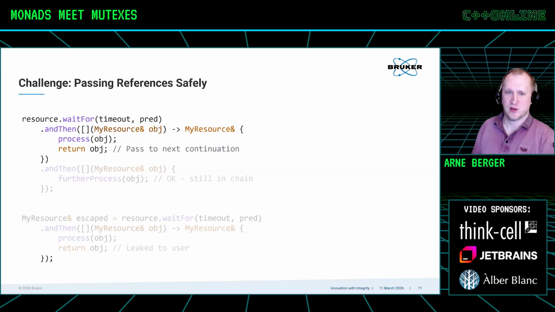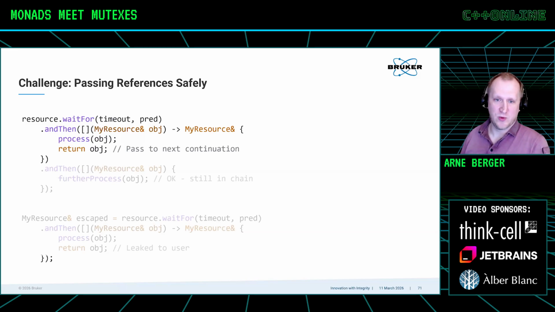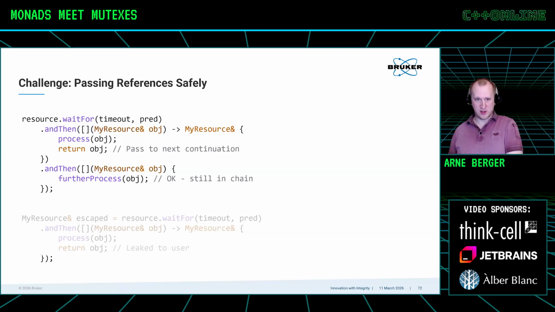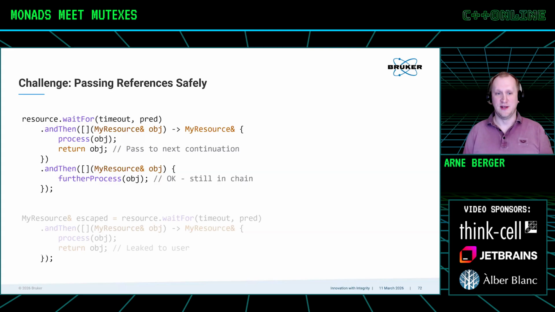We want a reference to that thing to be able to work with it. And we also want to be able to pass that reference on to the next thing. So if we want to compose two andThen functions after another, or have an always call there, the first thing should be able to return a reference so that the next thing can work with that.